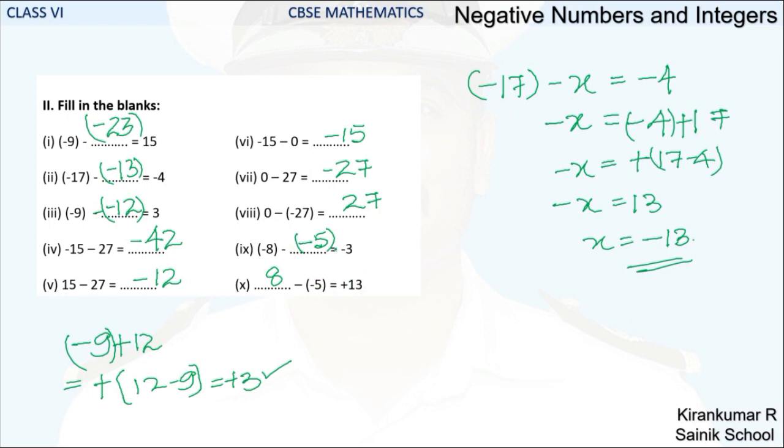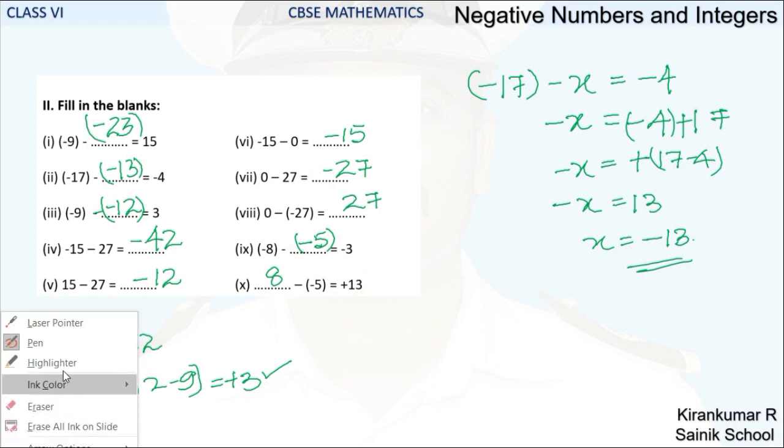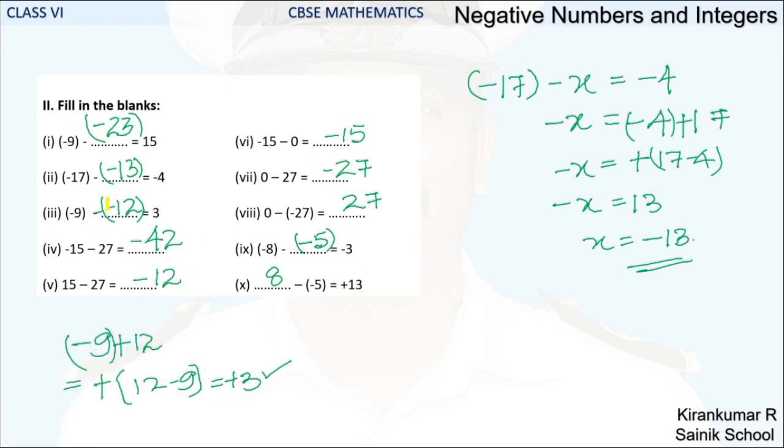You can cross check the answers which are highlighted here. Negative 42, negative 12, negative 15, negative 27, positive 27, negative 5, positive 8.